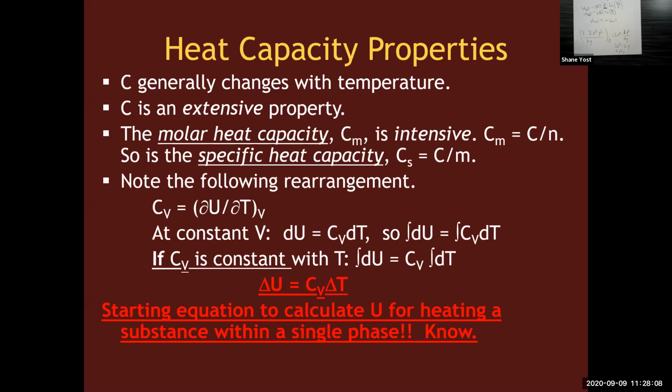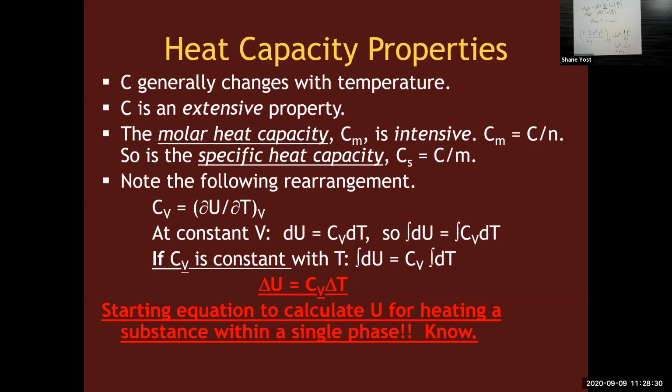If it's not, you will be told explicitly, like the heat capacity varies with the temperature range in this problem. Otherwise, we'll assume it's constant over the temperature range of whatever problem we're interested in.